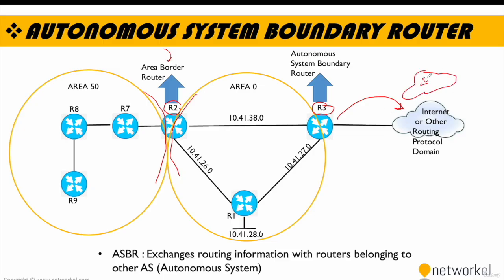Maybe it is an EIGRP domain, which means there are routers in here which are running EIGRP, and if those routers send some information to router 3, this router 3 should somehow inject this same information to this area, router 1 and router 2.